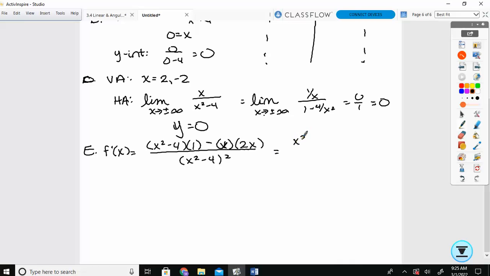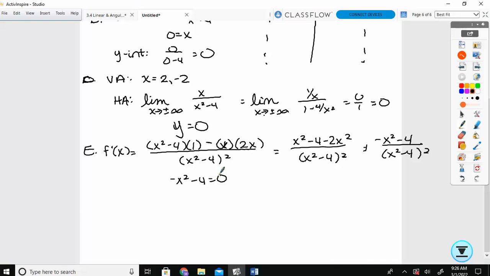Multiply this out before you cancel anything. So we get a negative x squared minus 4 over x squared minus 4 squared. Does anything cancel? No.